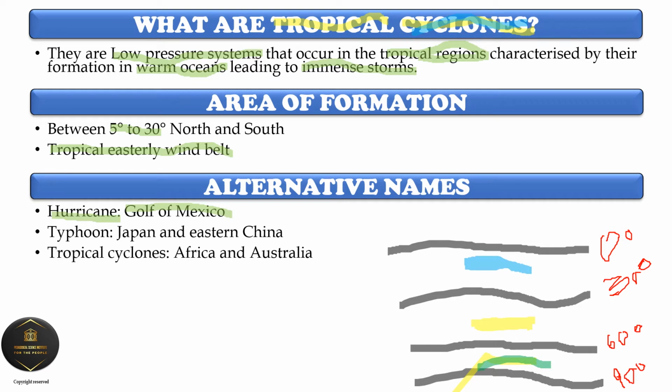They usually affect the Gulf of Mexico, and in Japan and Eastern China they call them typhoons, and in Africa and Australia we call them tropical cyclones. So those are the alternative names they have. I hope we are fine with that. So now I want us to talk about general characteristics associated with the systems.